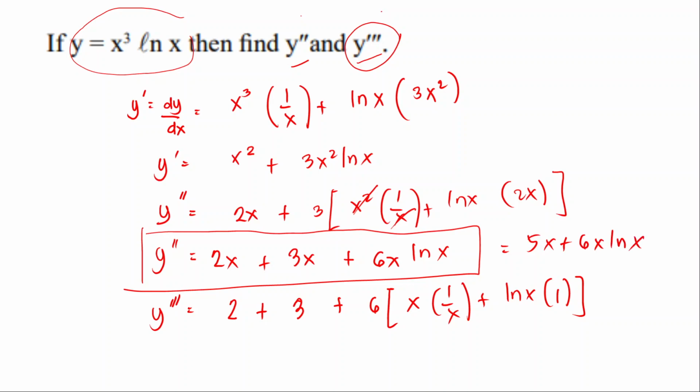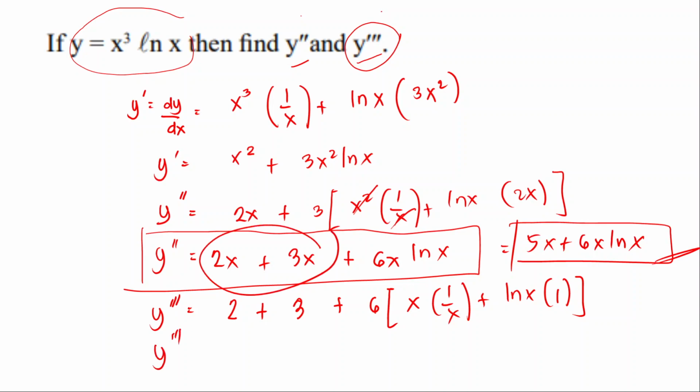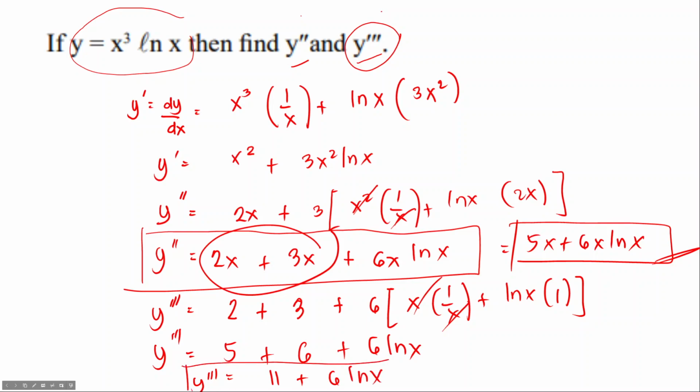Ayan. Pwede rin to yung final answer natin since pwede itong pagsamahin. Okay, so y prime prime prime is equals to 5 plus 6 plus 6 ln x, or y prime prime prime is equivalent to 11 plus 6 ln x. So this is our final answer. This one and then this one.